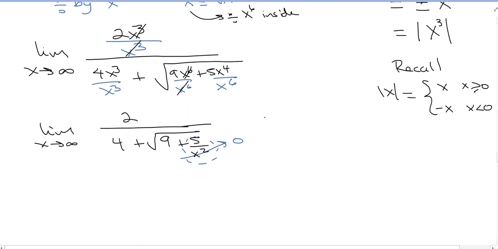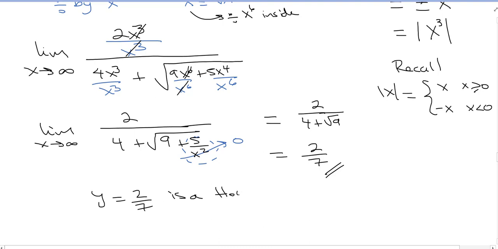And so what am I left with? 2 over 4 plus the square root of 9. The square root of 9 is 3, so 2 over 7. So that's my limit as x goes to infinity. So y equals 2/7 is a horizontal asymptote as x goes towards positive infinity.